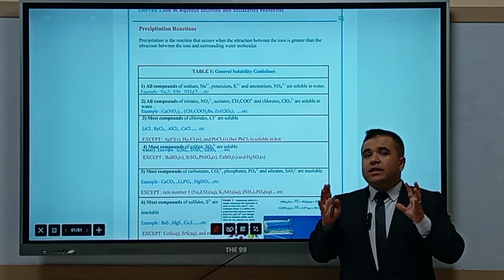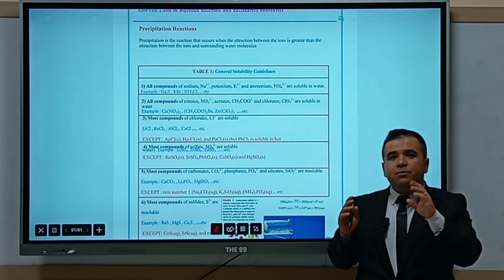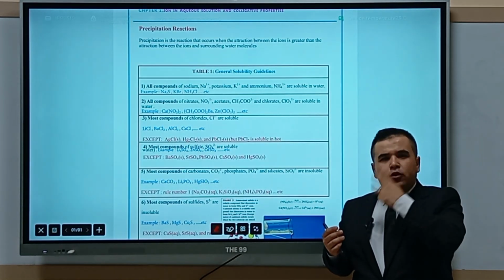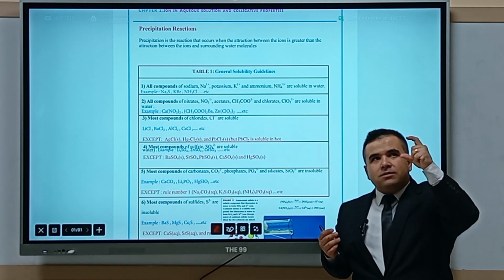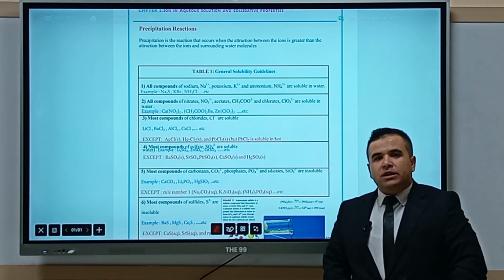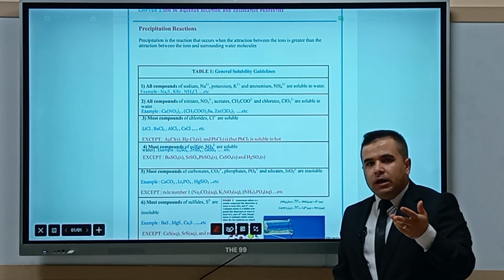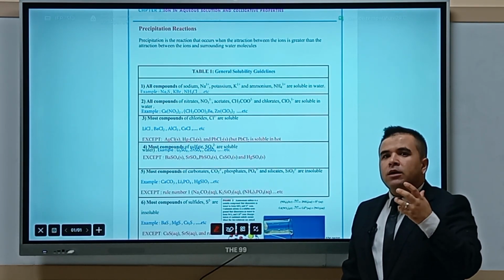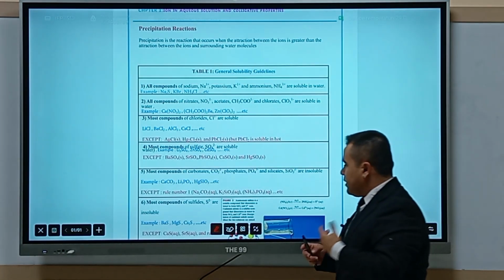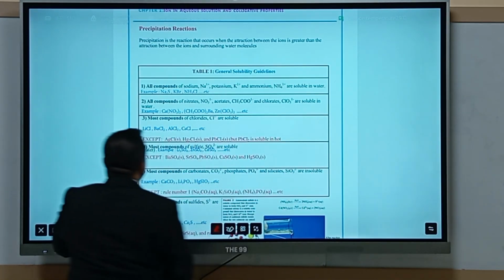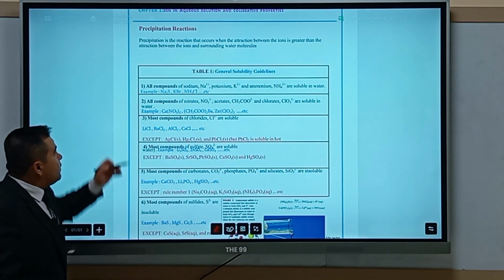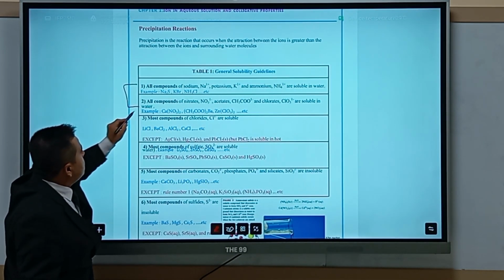Guys, the 6 guidelines, I have distributed them into 3 groups. The first and the second have a common property in between. The third and the fourth have another common property in between. The fifth and the sixth have a common property as well. The common property of the first and the second is what?